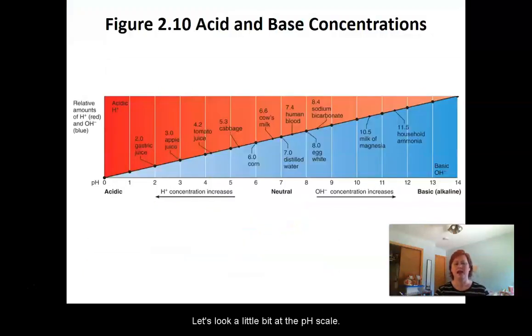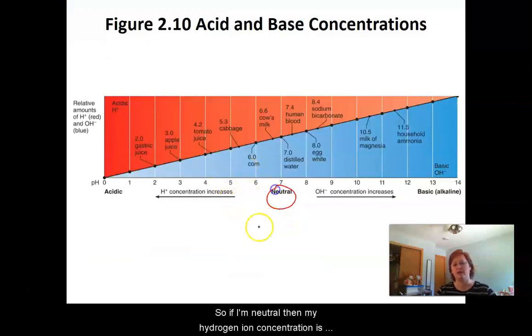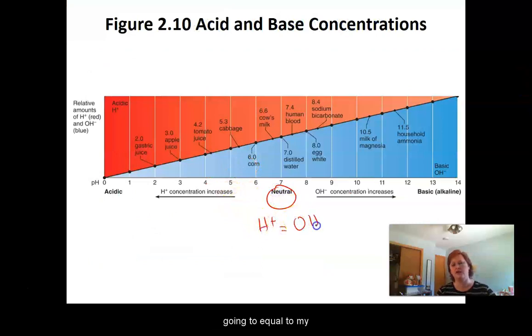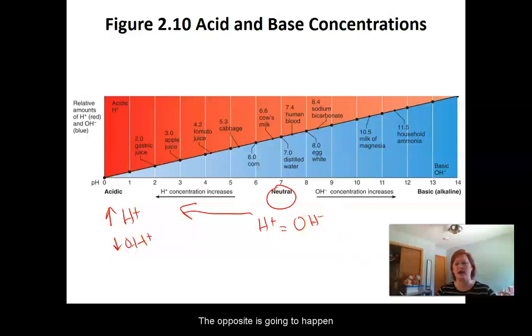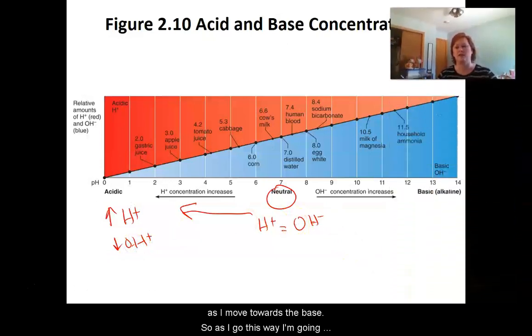Let's look a little bit at the pH scale. If I'm neutral, then my hydrogen ion concentration is going to equal my hydroxide ion concentration. As I go towards acidity, I'm going to have more hydrogen ions and fewer hydroxide ions. The opposite is going to happen as I move towards a base.